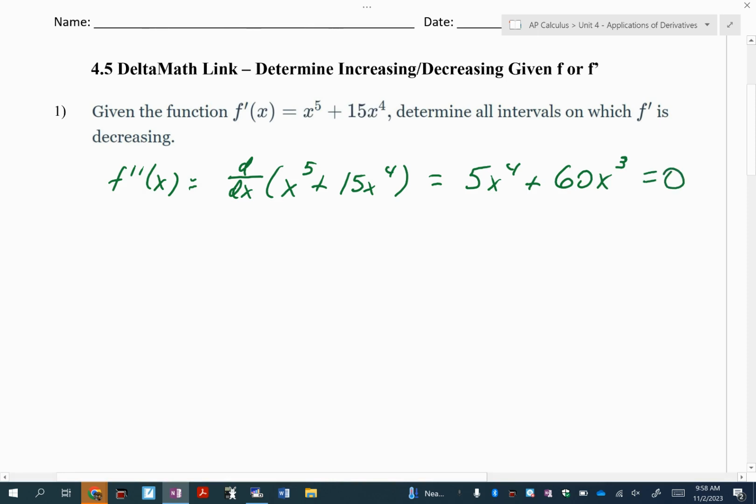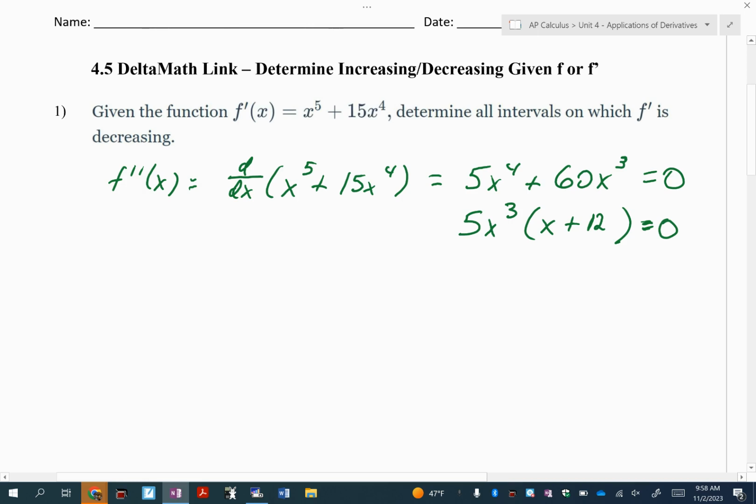All right, so to solve this, I'm going to do some factoring. What can I factor out of these two terms? 5x cubed is right. What's remaining when I factor those out? x plus, I heard 14. Is that right? I don't think it's 14. Is it 12?